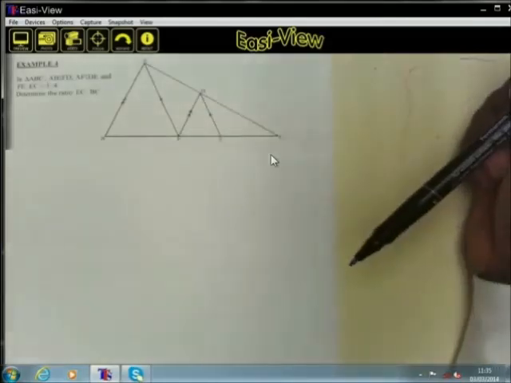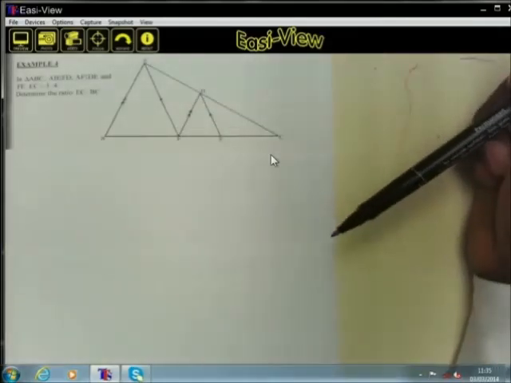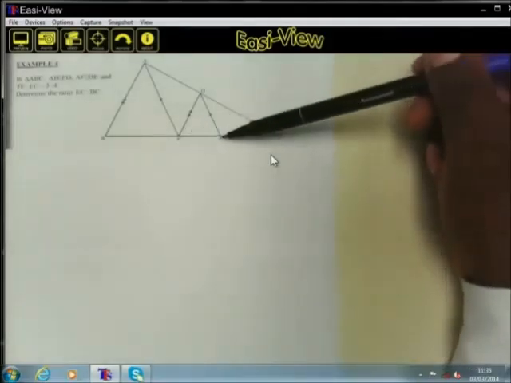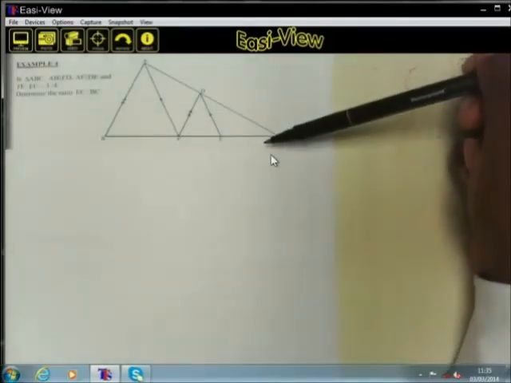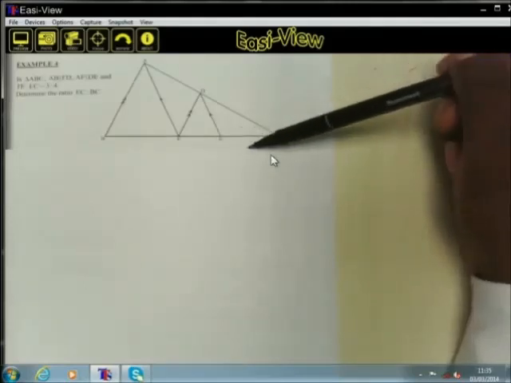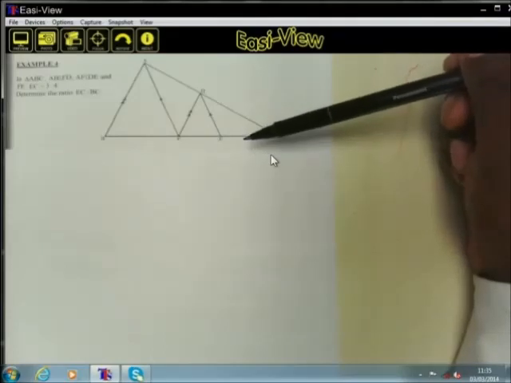It's already marked. And AF is parallel to DE. It's also already marked. You are given the ratio of FE to EC. The ratio that is given there is 3:4.